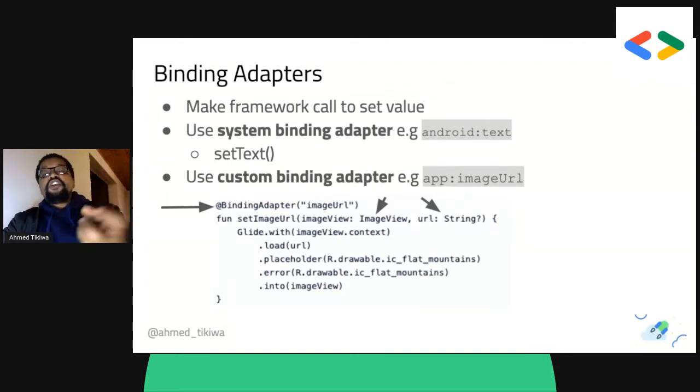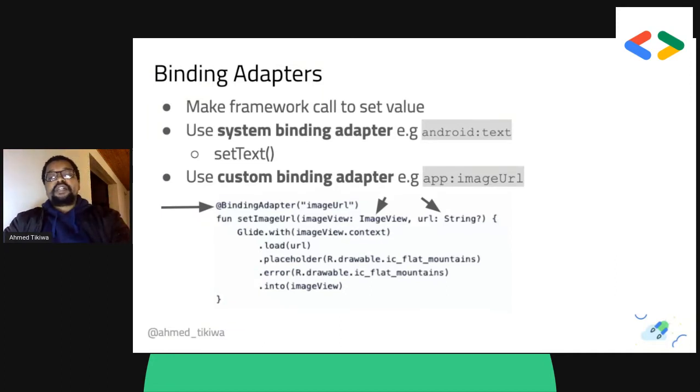And then what I'm going to do with this string is use Glide to load the image into the ImageView. So I use Glide.with, get the context from the passed-in ImageView, and then pass in load and get the URL that's being passed there. In case that fails, or in case an error occurs, I also have a placeholder.